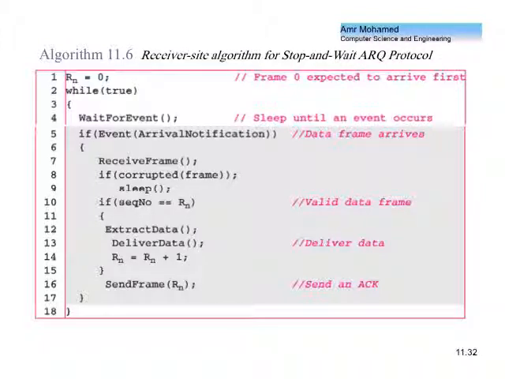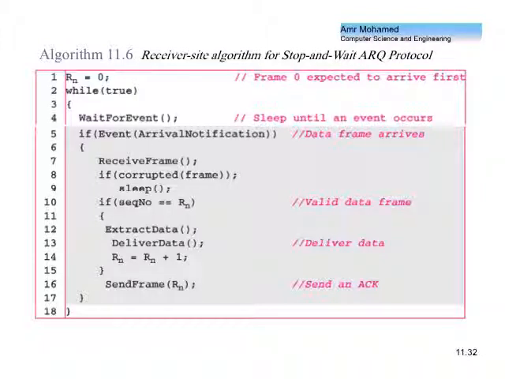So, and remember, if everything is fine and I need to send the sequence number, I will advance it. I will increment it by 1 before I send the acknowledgement, which means that if I receive frame 0, then Rn will be 1, and I send the acknowledgement 1, which is the one that we have checked on the sender side, and we made sure that acknowledgement number equals 1.